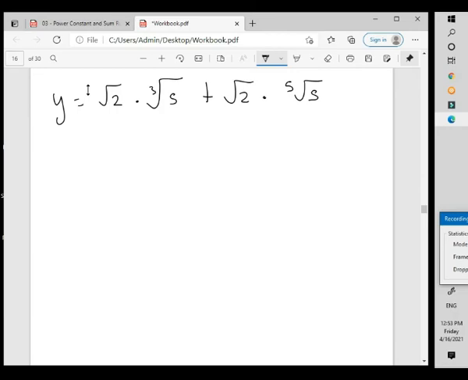So I'm going to write this now in the form that I'll be working on, which is going to be root 2, and after root 2 I'm going to have times s to the 1/3 plus root 2 times s to the 1/5.